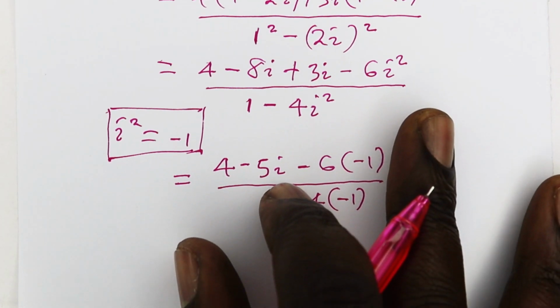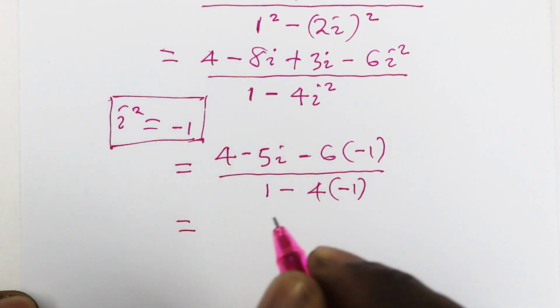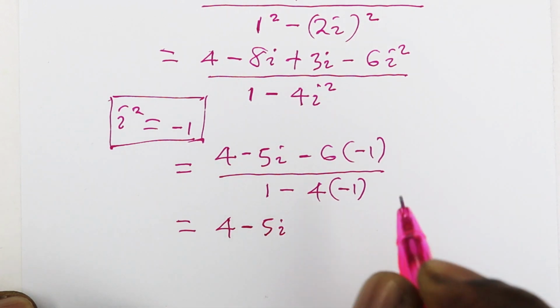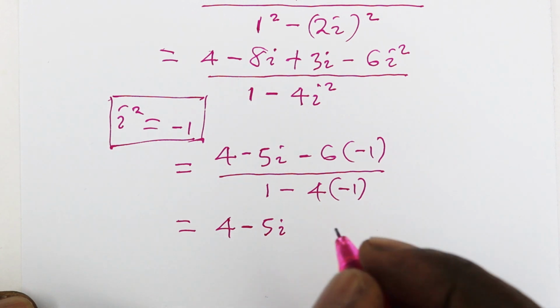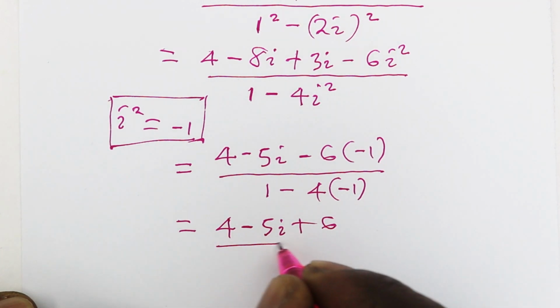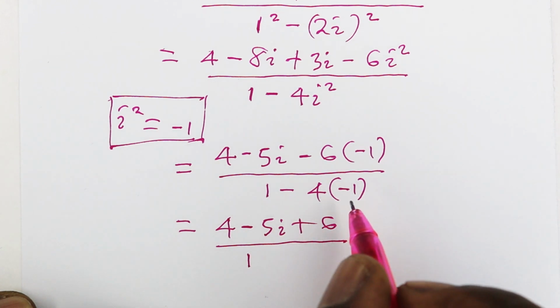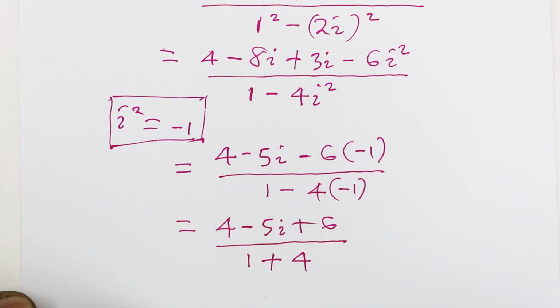If we simplify this, in the numerator we have 4 minus 5i. So we have minus 6 times minus 1, which is just plus 6. And then in the denominator, we have 1 minus 4 times minus 1, that is now plus 4.